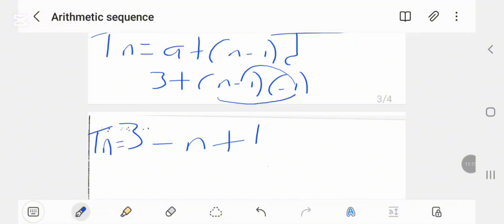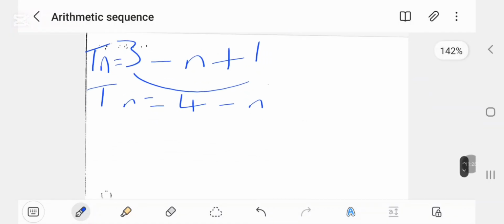Now 3 plus 1 is 4, and then we have minus n. So our nth term is 4 minus n.